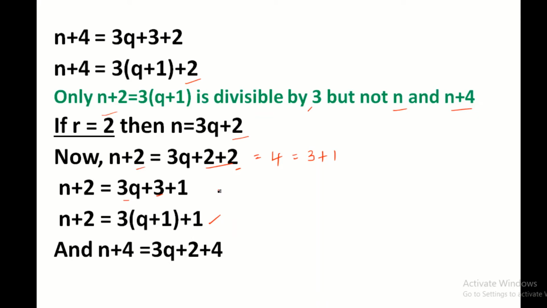And we'll see n plus 4. So to the n value, I am adding 4 on both sides. Here, n value is 3q plus 2, and I have added 4. So n plus 4 becomes, here we can write this 2 plus 4 as 6. So n plus 4 becomes 3q plus 6.